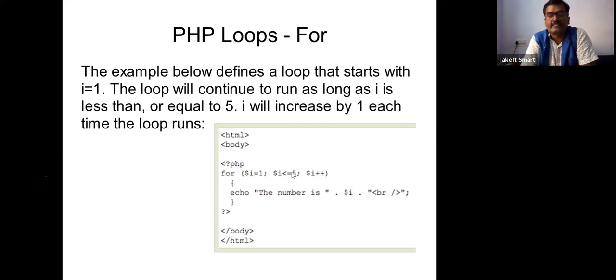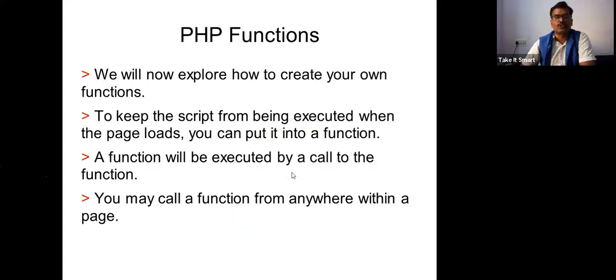First is the initialization part: we are initializing the variable $i equal to 1. Second is the condition part: $i should be less than or equal to 5. And then i plus plus. So what output comes from the for loop? The output is going to be the same as what came from the while loop. So different loops are there, and depending on your choice, you decide when you want a for loop and when you want a while loop. This is also going to do the same job.